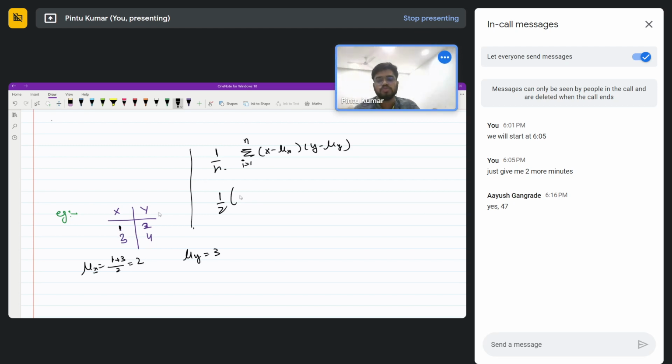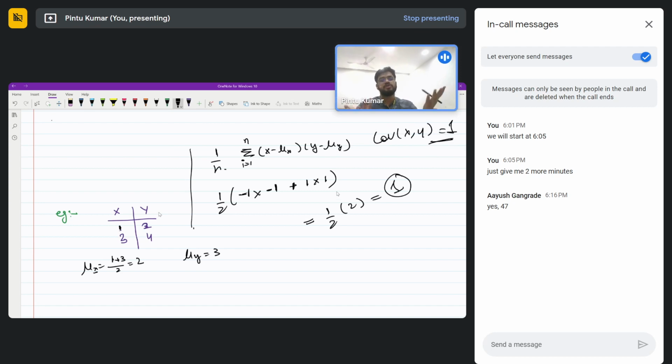This is 1 minus 2, this is minus 1, times y minus mu y, this is again minus 1. Now plus you will have 3 minus 2, this is 1, multiplied by 1. So what is the value you will obtain? This is 1 by 2 times 2, this is 1 that you are obtaining. So the covariance between x and y is 1 over here.